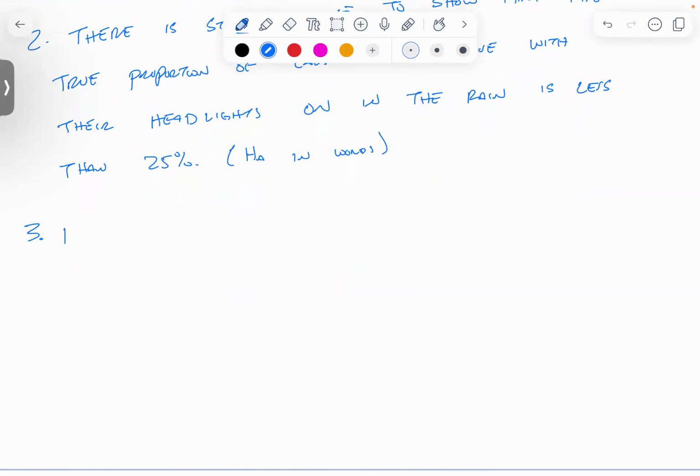And then again, last and definitely not least, p-value interpretation.